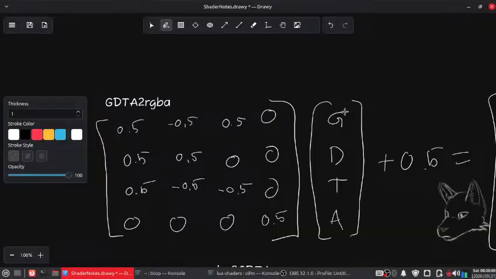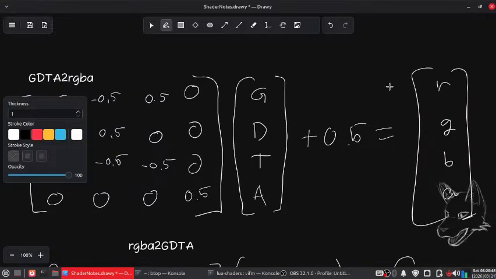So if this is 0.5 minus 0.5 and 1, and alpha doesn't matter, then we have 0.5 times 0.5, that's a quarter. Minus a half times minus a half is a quarter, so we have a half. We have another half, so a half plus a half. A quarter minus negative a quarter plus a half is equal to 1. That equals red. Yeah, okay, cool.